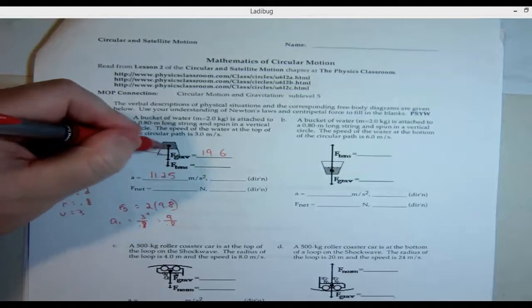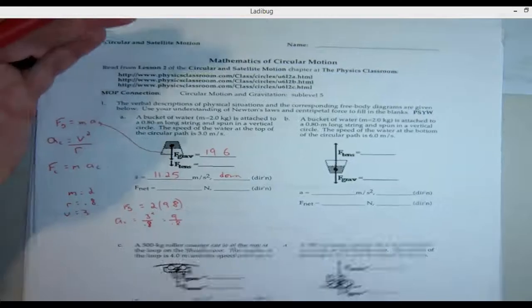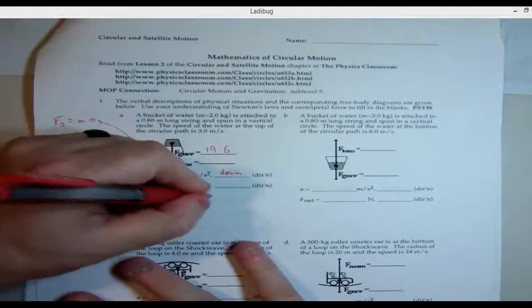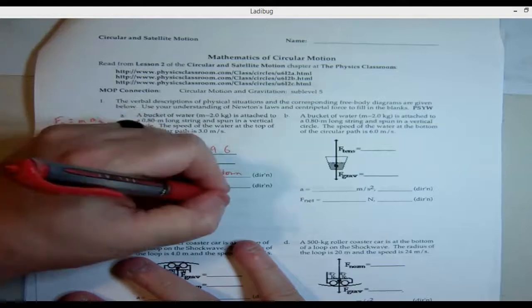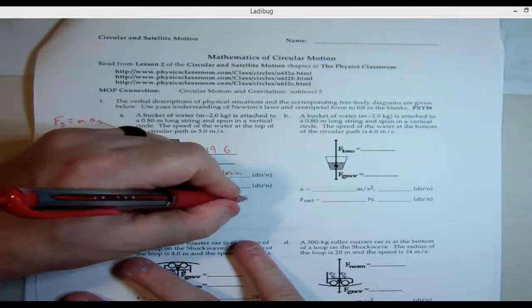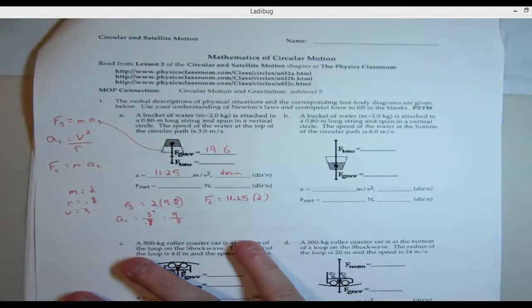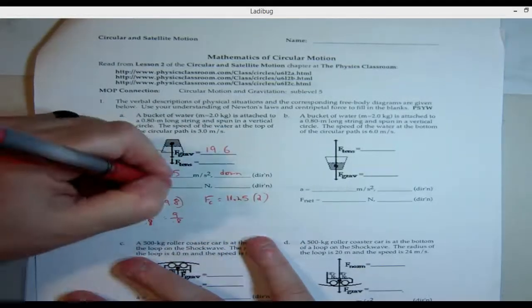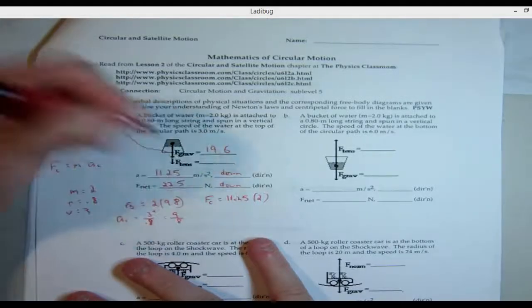We know it's at the top, so that means it's down, because that's in. Now, net centripetal force equals centripetal acceleration, 11.25, times the mass, 2. So our net force equals 22.5, and it's the same direction, down.